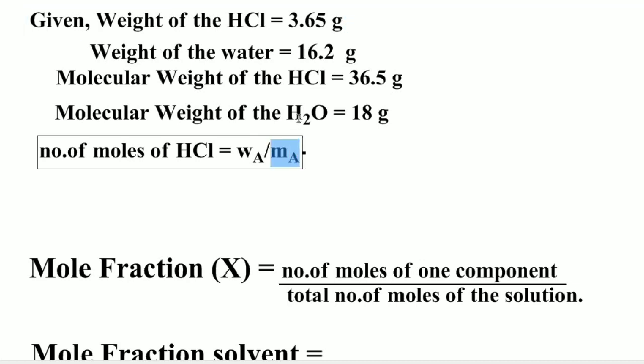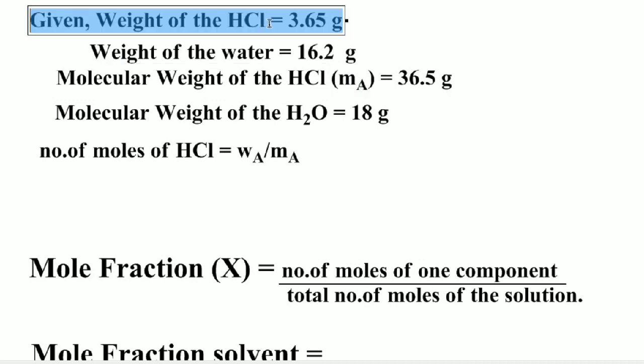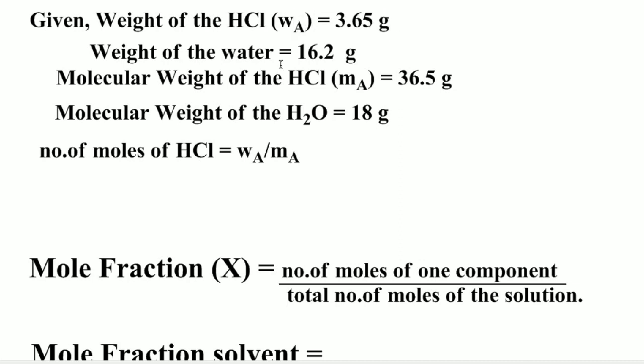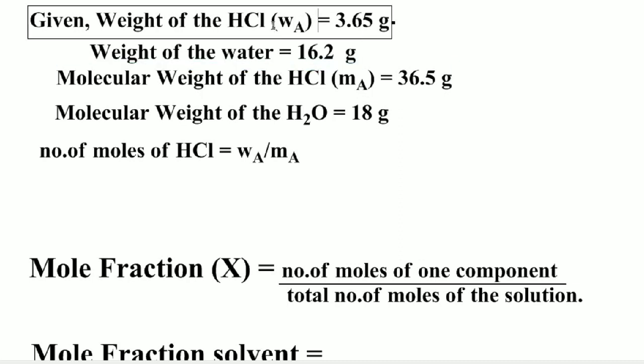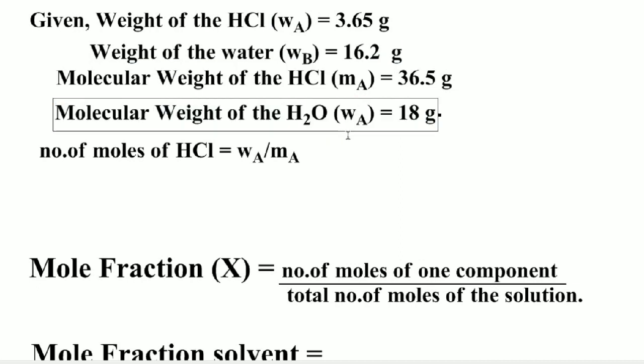Let us assume WA is the weight of the HCl and MA is the molecular weight of the HCl. Similarly, the weight of the water is assumed as Wb, and the molecular weight of the water is assumed as Mb.